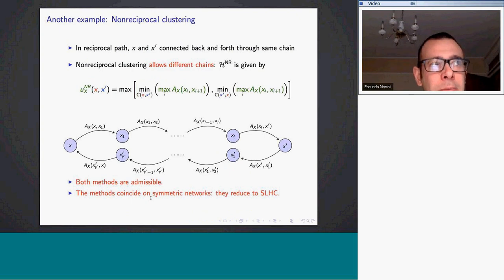For non-reciprocal clustering, we essentially take the opposite order of those two operations.